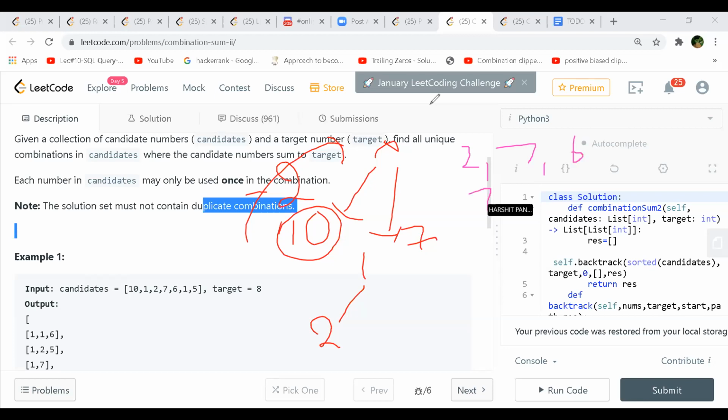You cache the values, right? So Santosh, do you mean by a duplicate this triplet and this triplet? Is this the duplicate you are referring to? Yes, this is a duplicate. In the solution set, you can't have these two.